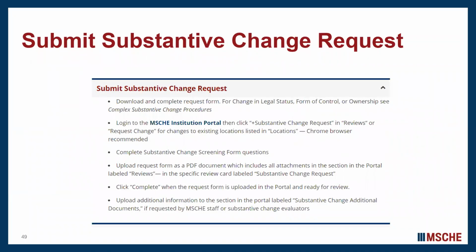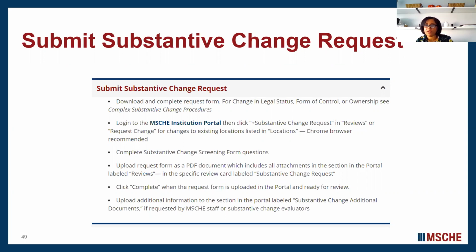Okay. And one of the questions is if we have uploaded a file by mistake within our substantive change, can we remove that ourselves at the institution, or does that have to be done by Middle States? So if you upload a file, and again, before you click that complete button, you will be able to override it and upload it with the correct form.